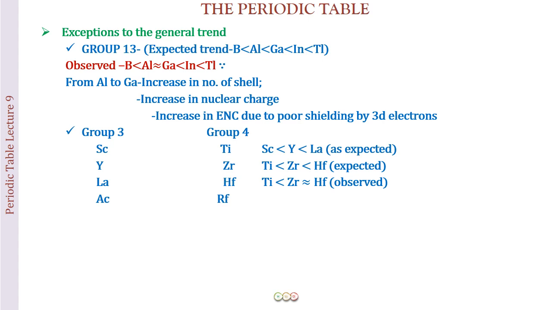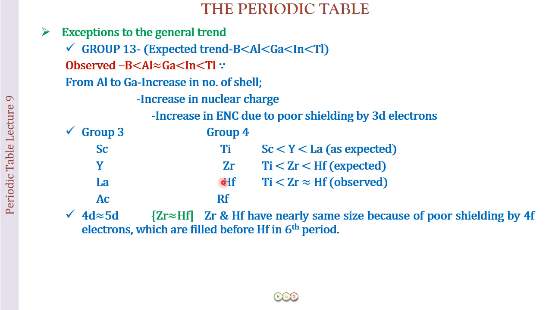Why is it so? If you understand the 4d and the 5d series, zirconium and hafnium will have similar size because in them the 4f electrons have come in, and these 4f electrons are going to provide a poor shielding effect, and hence they cause an increase in the effective nuclear charge.